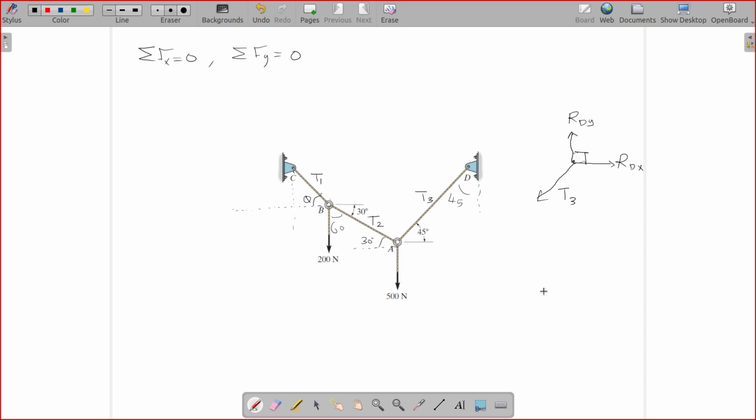Now what happens for A? Junction A has T3, the tension from the rope in this direction.